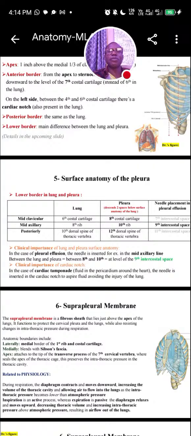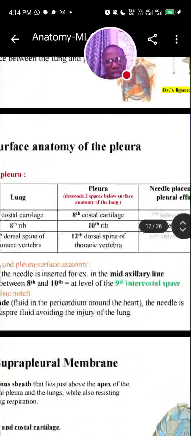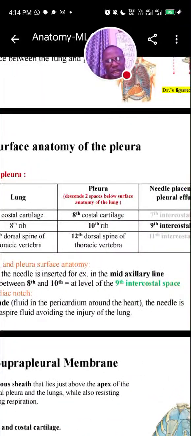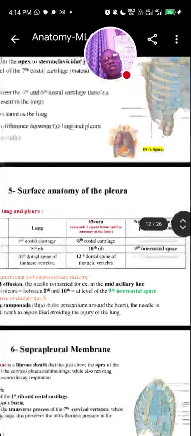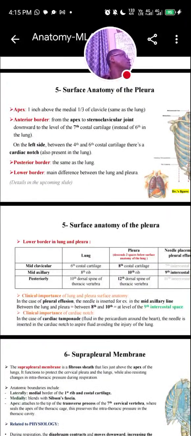Now, for the pleura, we said the 8th rib or the 10th rib or the what? The 12th rib. Now, the pleura descends 2 spaces below surface anatomy of the lung. And what's the surface anatomy of the lung?